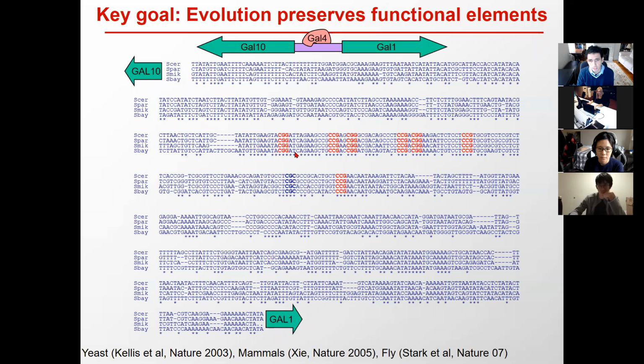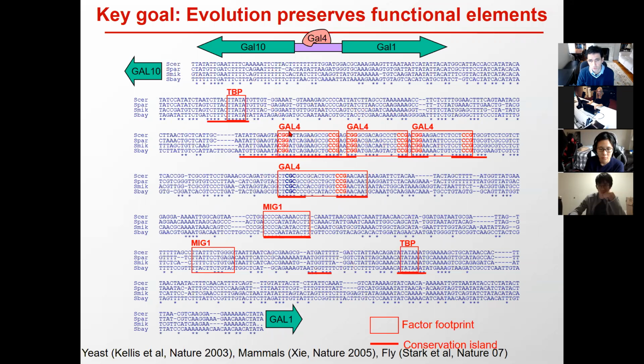And once we have constructed these alignments, we can go in and look at the conservation patterns of different regions. And here the stars denote perfect conservation across these 4 species that roughly span the distance of human, mouse, rat, and dog. And you can see that there are islands of conservation which stand out based on stretches of stars.